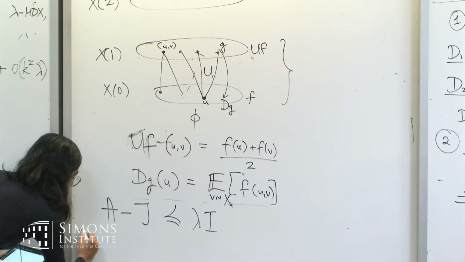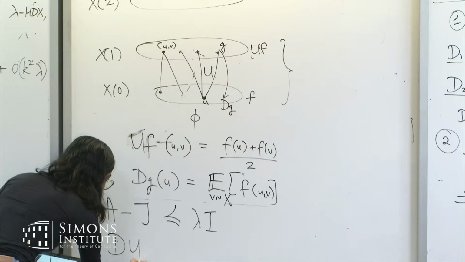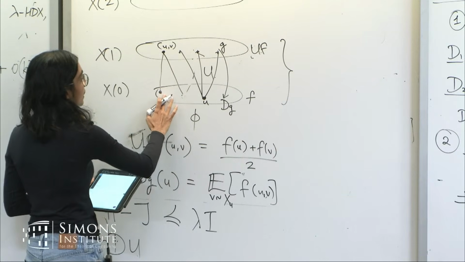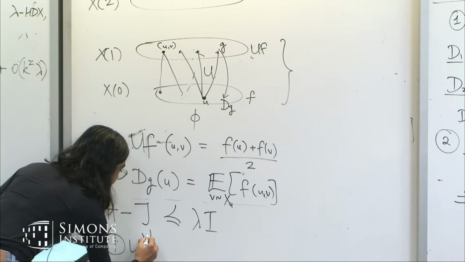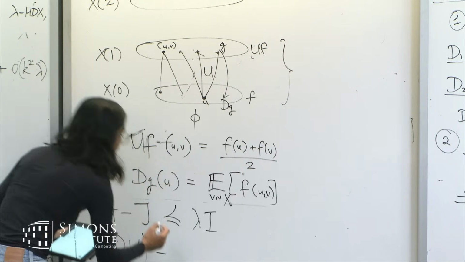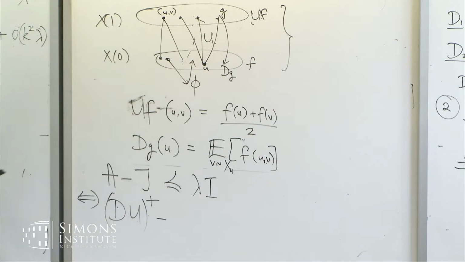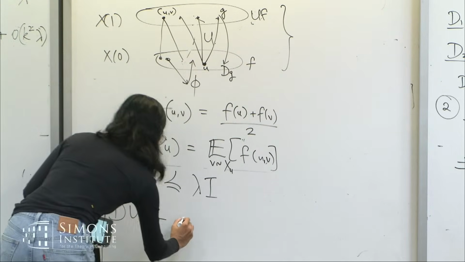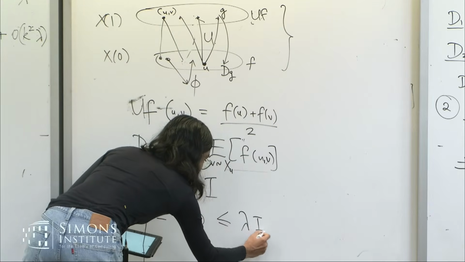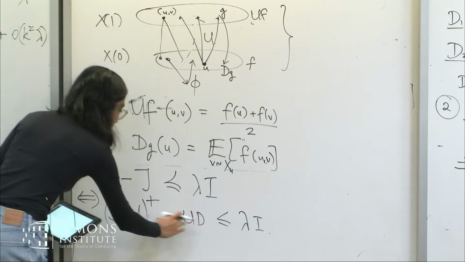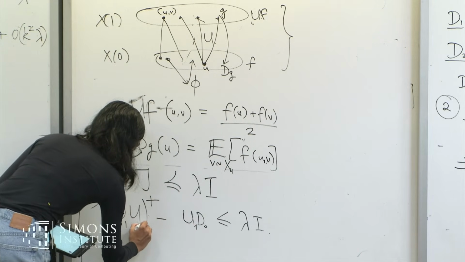This actually turns out to be equivalent to saying that the random walk that goes up and down, the non-lazy version of that random walk, minus the random walk that goes down and up, which is some kind of trivial random walk, is at most lambda times identity.